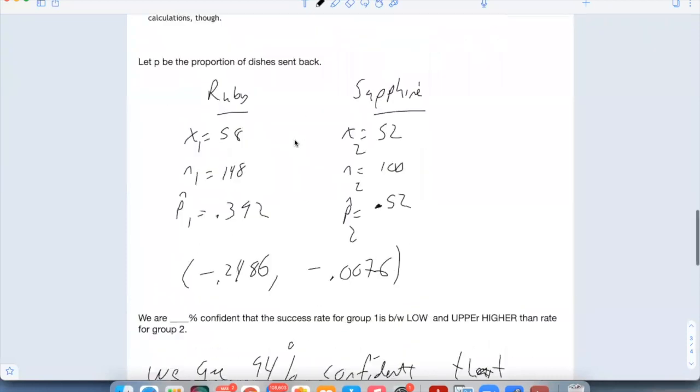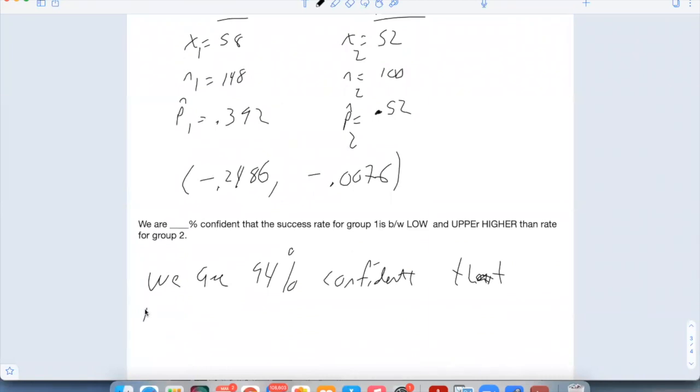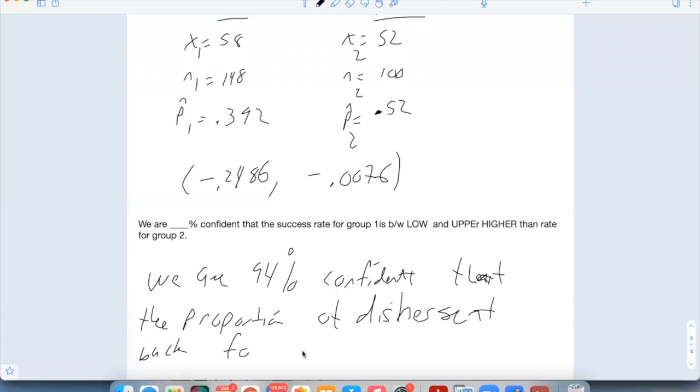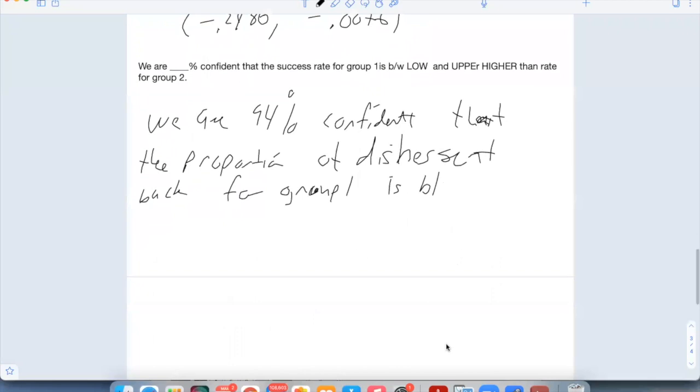The proportion of dishes sent back. It literally takes longer to write this out than it does to do the rest of the problem. Sent back for group one is between, don't forget the word between.